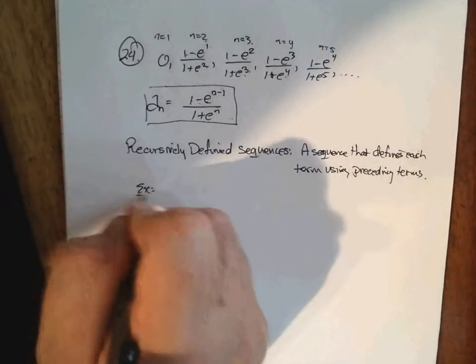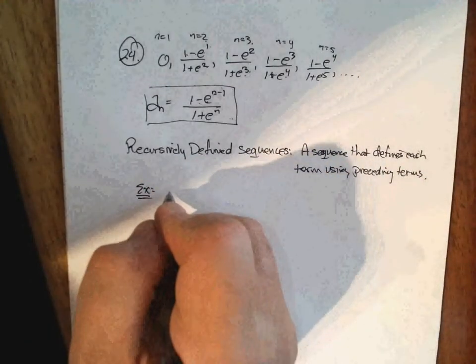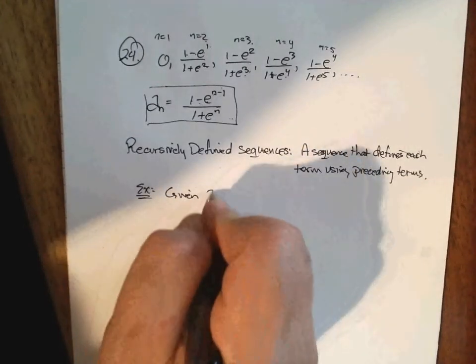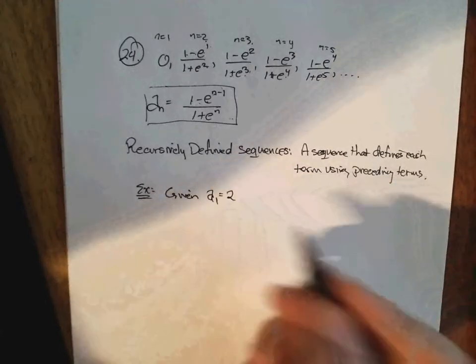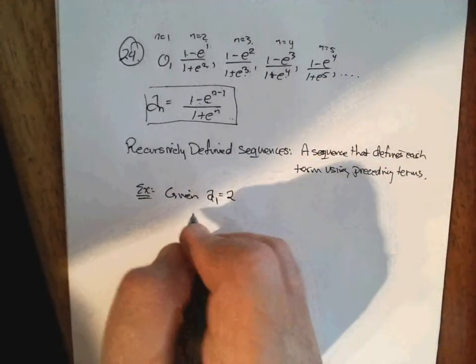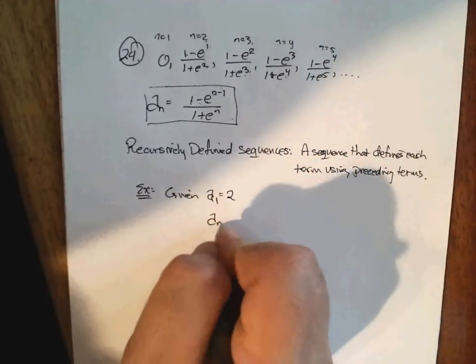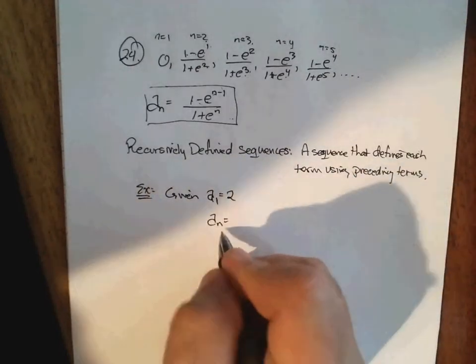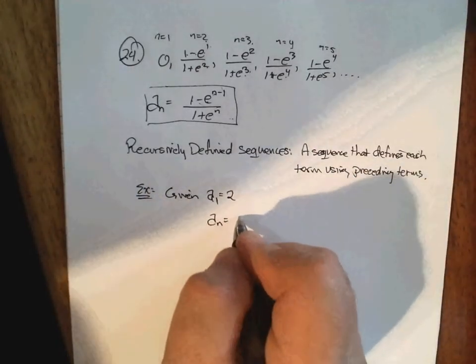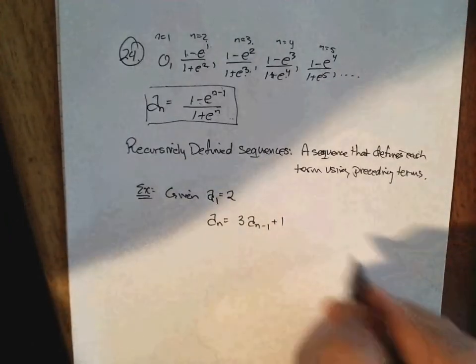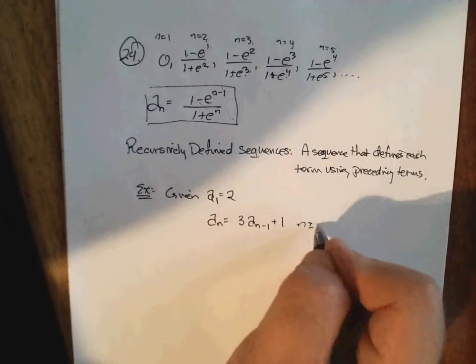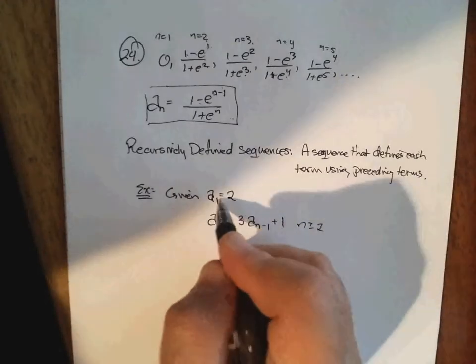So for example, we could say this. Suppose you're given the very first term, and we always have to give you a first term to start with, or some value known. And then we can give you a rule that the nth term is going to be generated by taking 3 times the term prior to that and then adding 1 to it. And that's the rule you use for n bigger than or equal to 2.